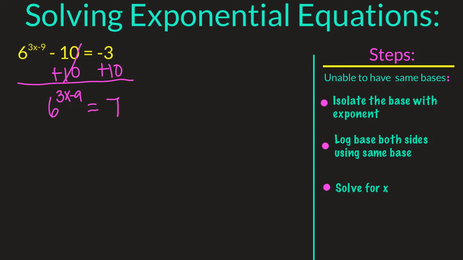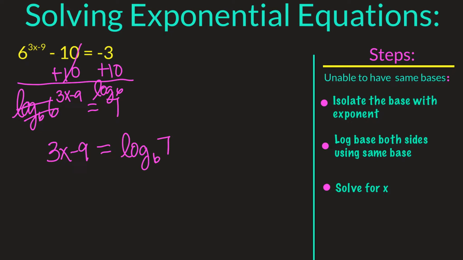Okay, so now we need to log both sides. My base is 6, so I'm going to do log base 6 on both sides. That's going to cancel again here because a log and an exponent are inverses of each other. It's going to bring that exponent to the front, and so that's 3x minus 9 equals log base 6 of 7.